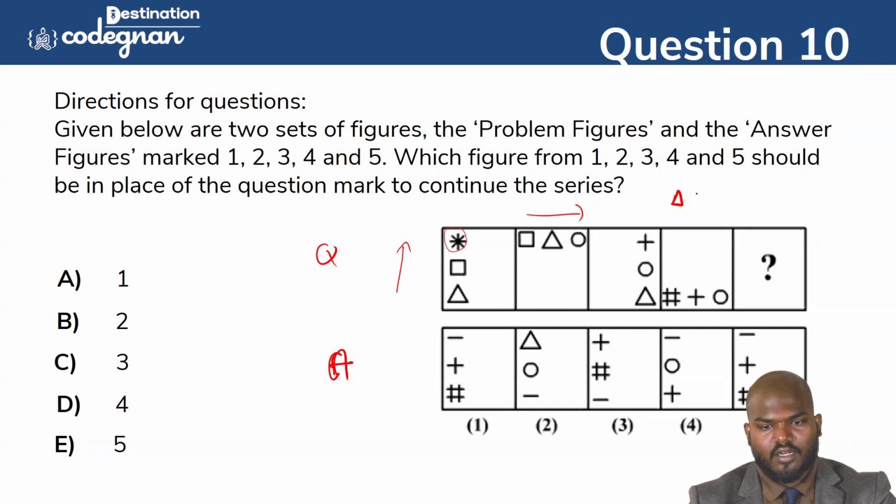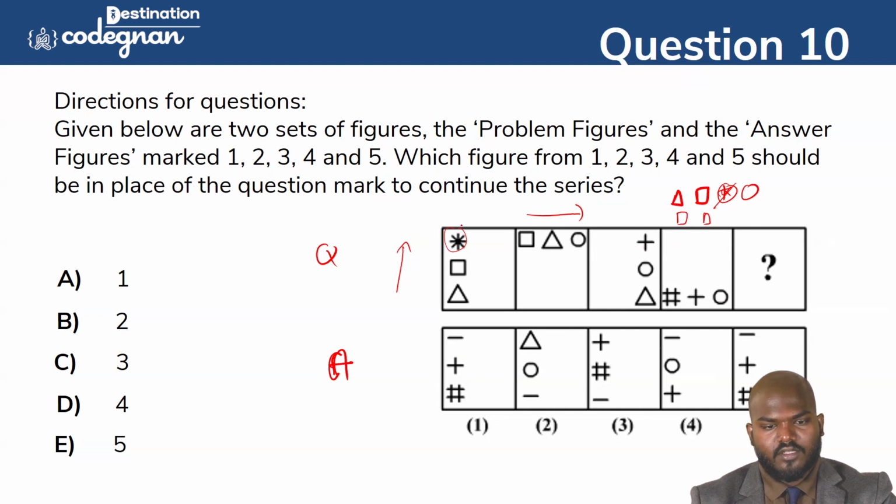That is horizontal, square, and then asterisk will come. In the place of asterisk, 0 is replaced here, and instead of this one, it becomes a square and a triangle. So the point is that if any symbol is changed, it will remain in the same position. If you are replacing the symbol, it will be in the same position. But if you are not replacing, then you need to interchange it.